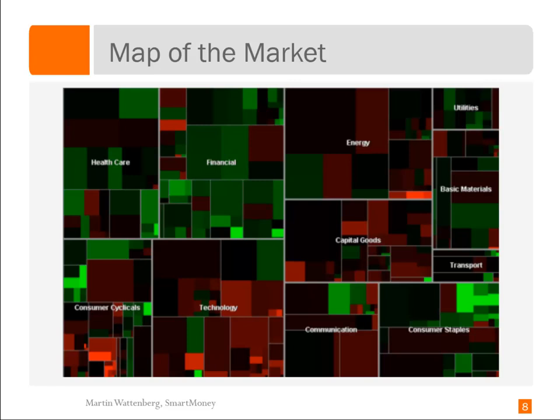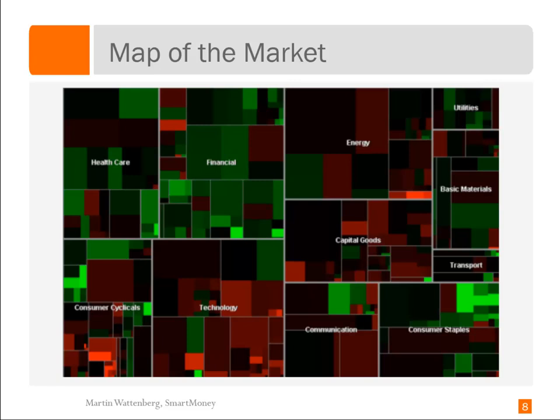Within each industry group, you'll have a number of different companies. You might think about these as Fortune 500 or Fortune 1000 companies. Each one of those smaller squares within the large square represents the market capitalization or size of that company. So you can compare smaller companies to larger companies.